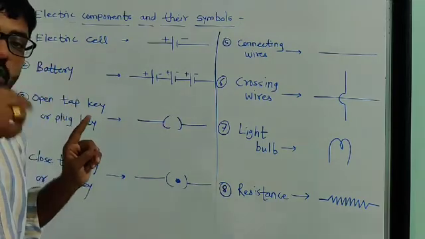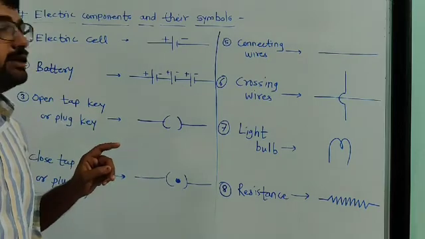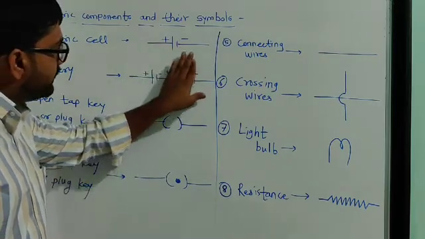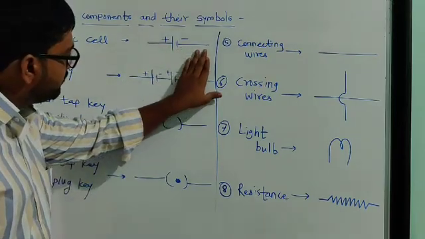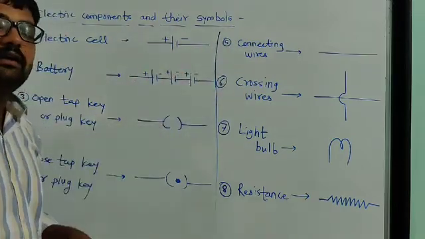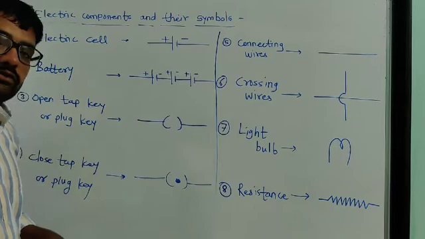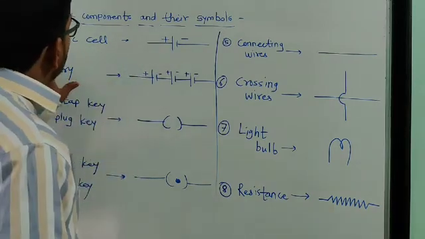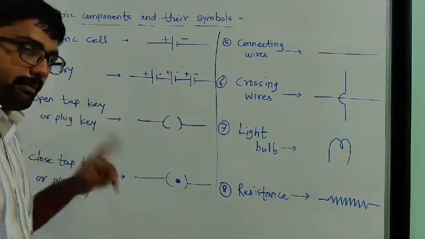Look, this is one cell, this is one cell, this is another cell, this is another cell. So 2 or more cells are combined with each other, and this circuit is simply called a battery.